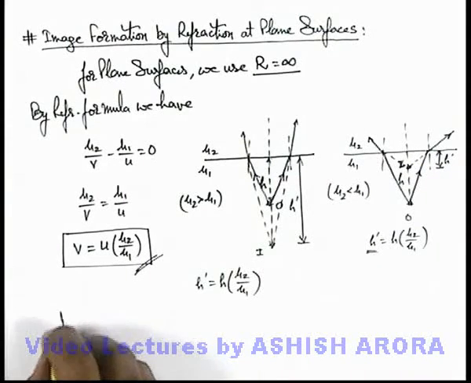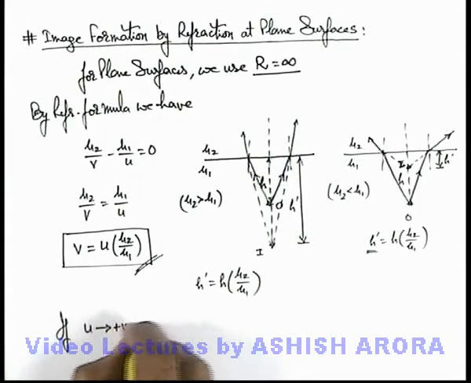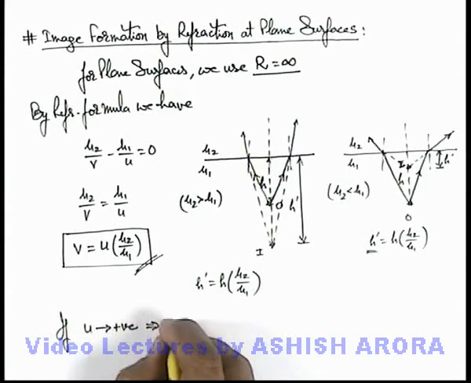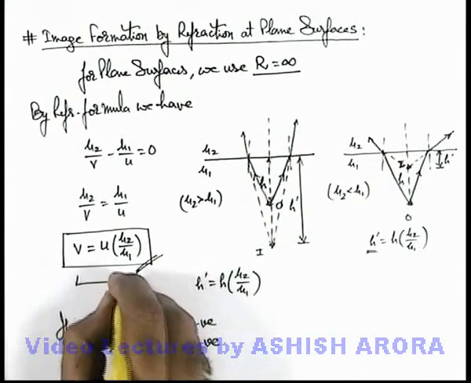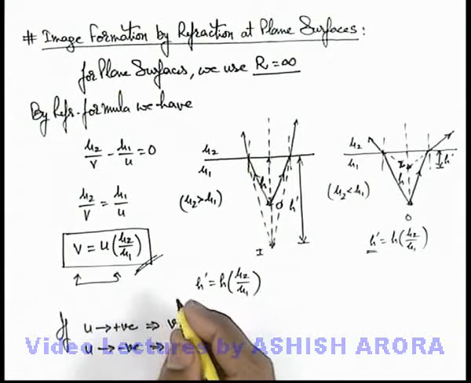But one important thing here you can see, if u is considered to be positive in this situation, that implies the value of v is also positive. And if u is taken negative, this implies the value of v will also be negative, because on the two sides of the equality, signs must be the same.